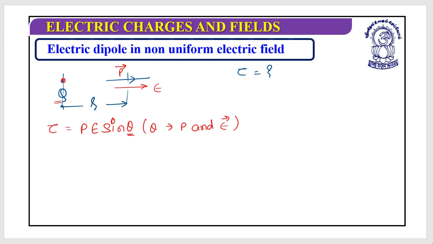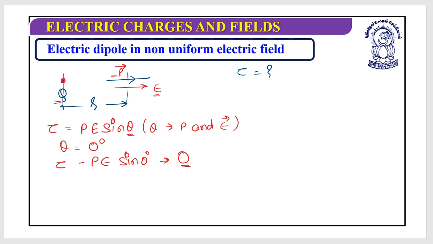Now this is P, this is E. The angle between these two is 0. So torque would be PE sin 0. What is sin 0? 1? No, it's 0. So torque would be 0. So in this case there is no torque on the dipole.